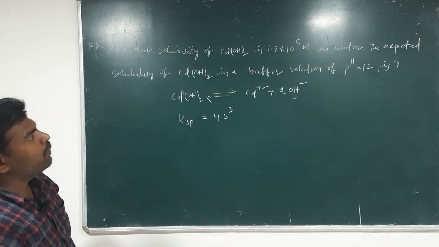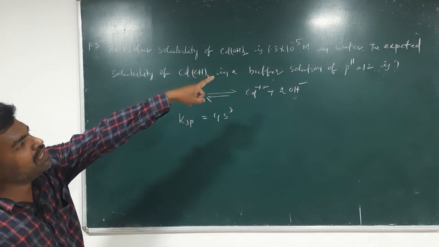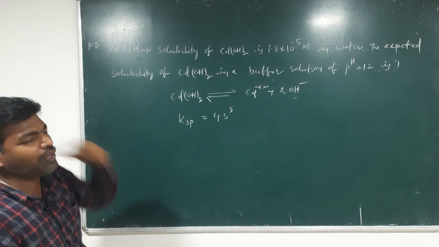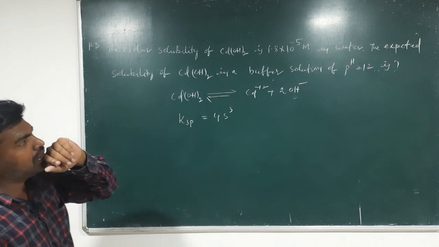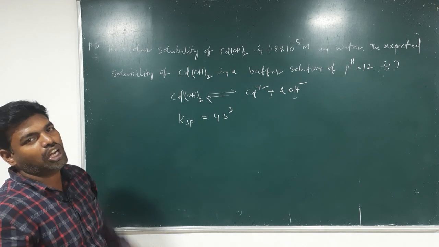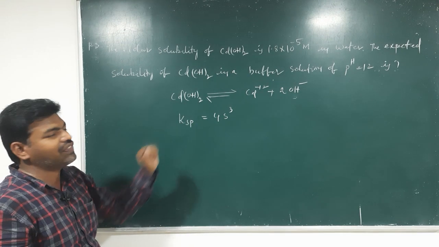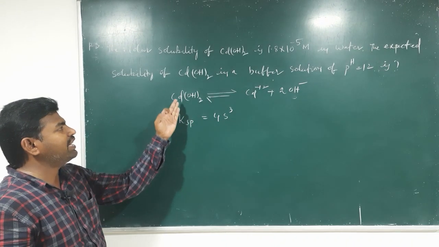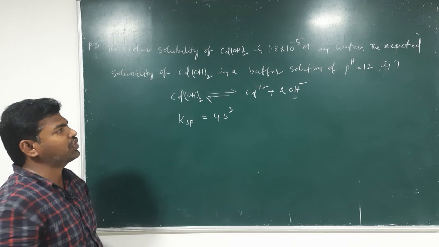In the problem they didn't give the solubility product, but we have to calculate it. That's why I write this equation, Ksp is equal to 4S cube, the solubility product for an AB2 type of electrolyte.